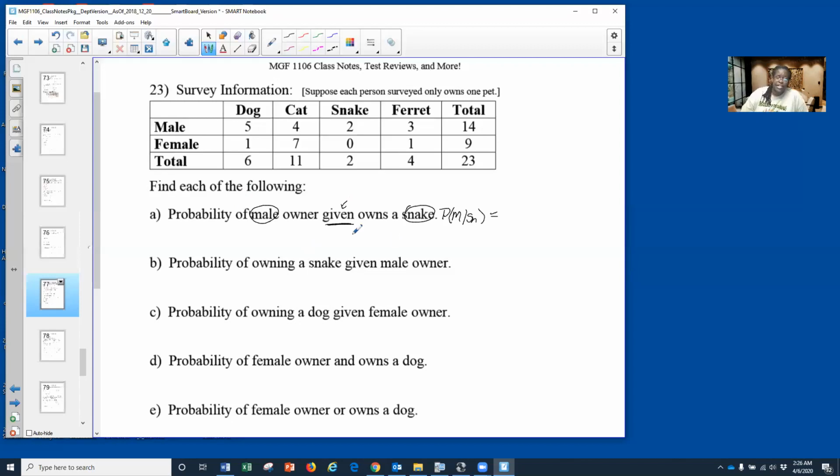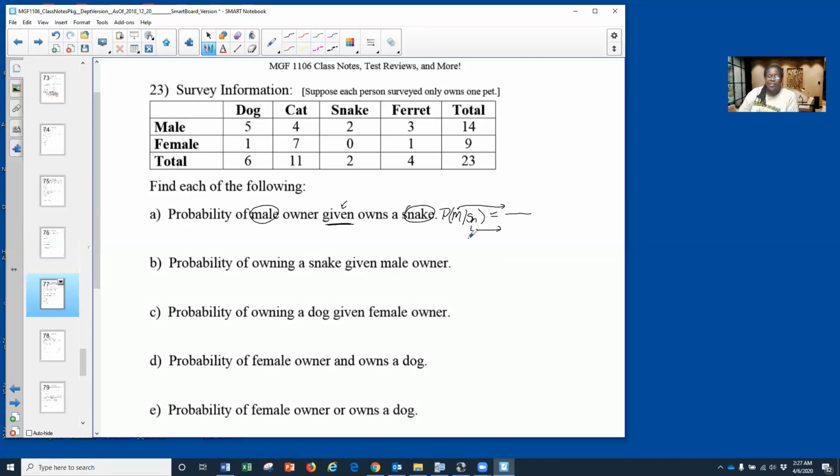So when we're setting this up, you're looking at this as if it's a fraction, because that's what it is. So snake represents your denominator, okay? So your second part of your given statement is your denominator, and the top part here is your numerator.